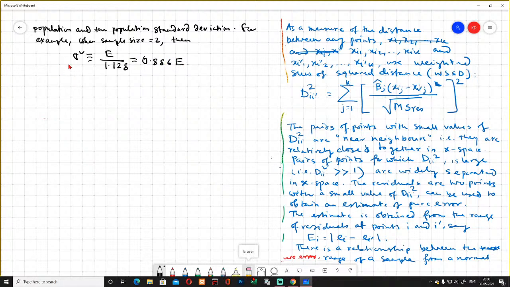This is for sample size 2. Okay, so the quantity sigma hat obtained is an estimate of the standard deviation of pure error.